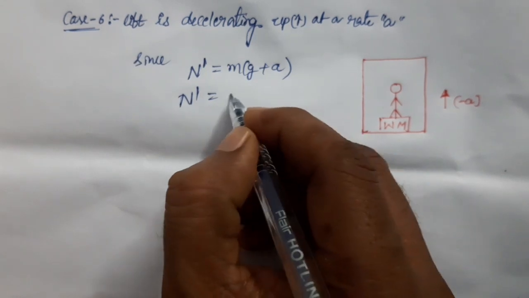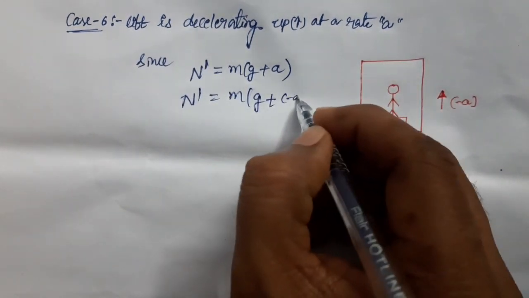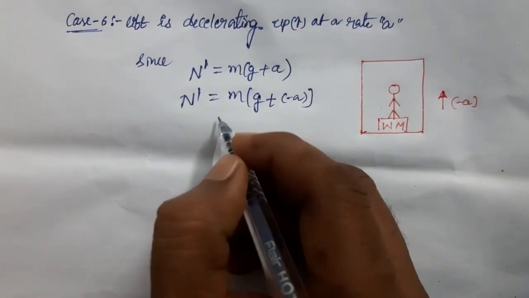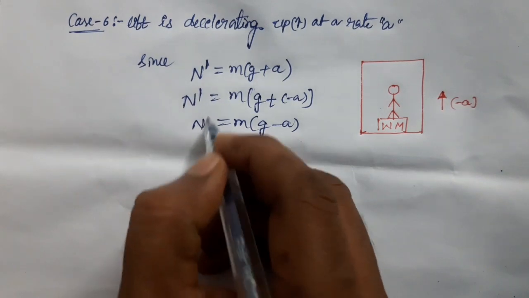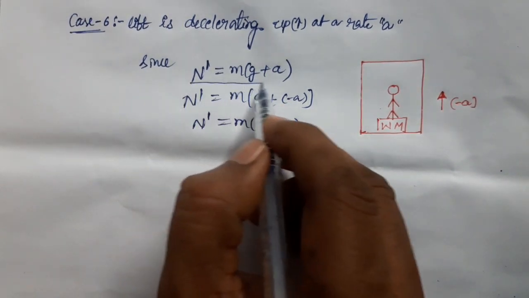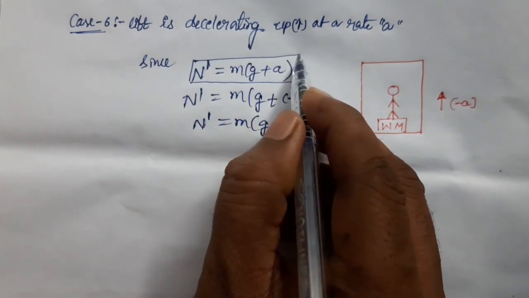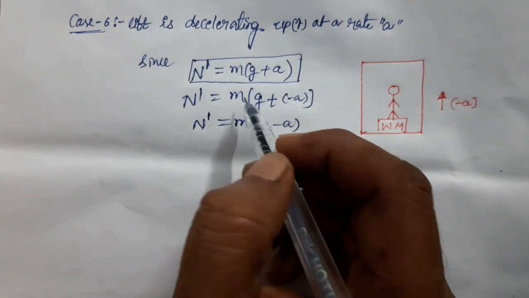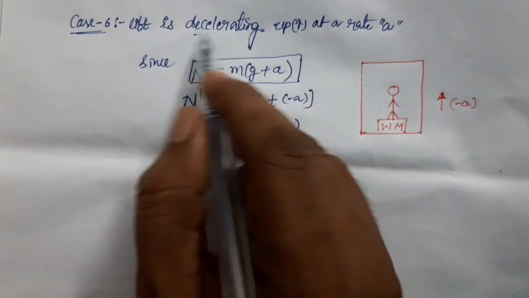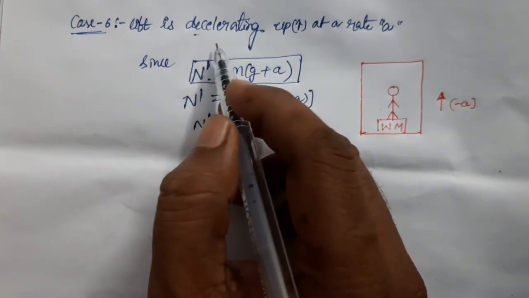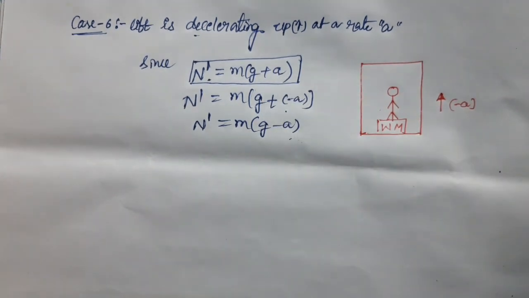So here m of g plus of minus a, students. Finally we can get here m of g minus a. This relation was already explained in case 2. Whenever a lift moves upward with an acceleration a, at that time we should write this. It is decelerating. Decelerating means negative acceleration. Instead of plus a, we should write minus a. Then we get this relation, students.